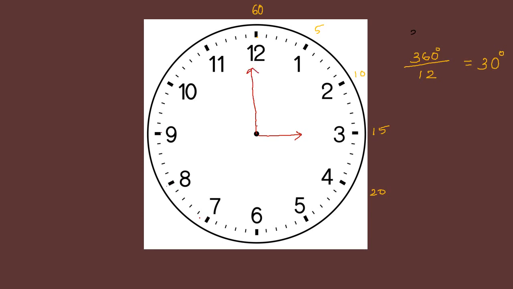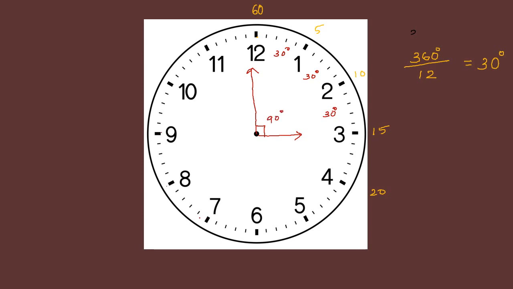This angle is a right angle. You know this is 90 degrees. Now how many are there? 12 and 1 is 30 degrees, 1 and 2 is 30 degrees, 2 and 3 is 30 degrees. Can you add up? 30 plus 30 plus 30 is 90 degrees. Understood?